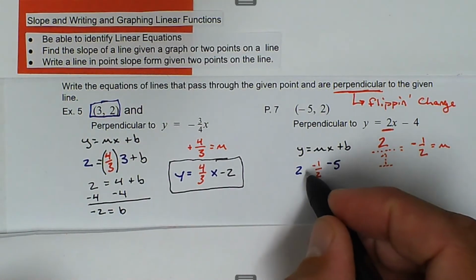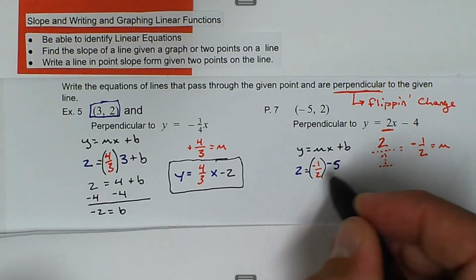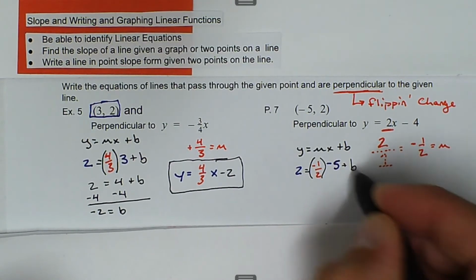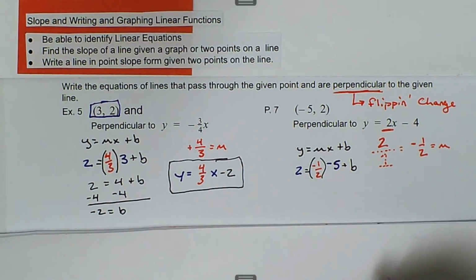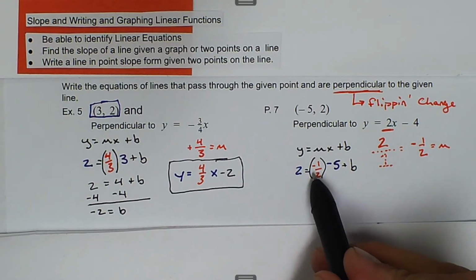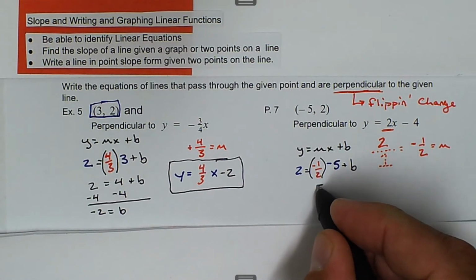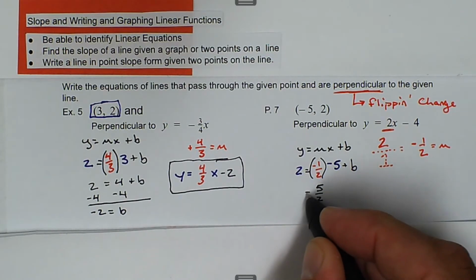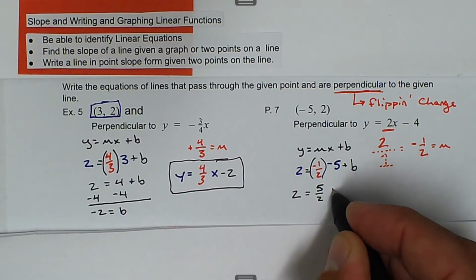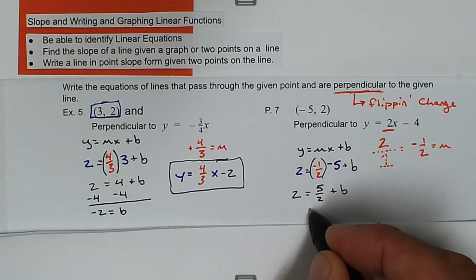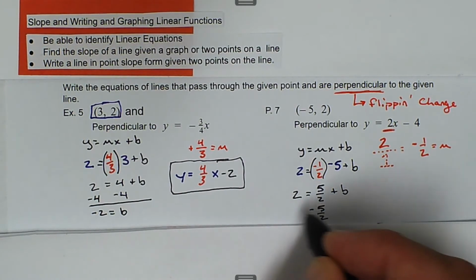The equal sign still stays there, and we have plus b on the end that we're going to calculate for. So when we go ahead and multiply this, negative times a negative is a positive, and 1/2 times 5 ends up being 5 over 2. The 2 comes down, and the b comes down. Then we can subtract by 5/2.